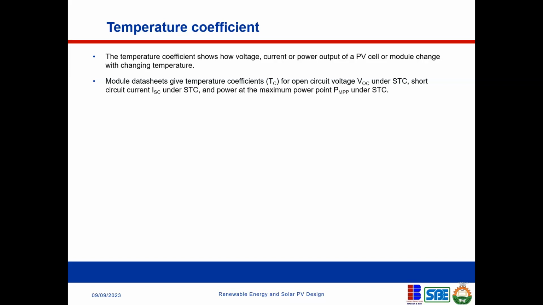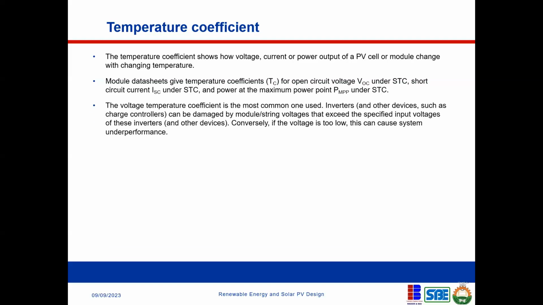So the module data sheet gives the temperature coefficient. You're going to see this temperature coefficient at the back of your PV module. When you look at the data sheet, you see the temperature coefficient for open circuit voltage under standard test conditions, short circuit voltage under standard test conditions, and the power output at maximum power point. So the voltage temperature coefficient is the most common one that is used.